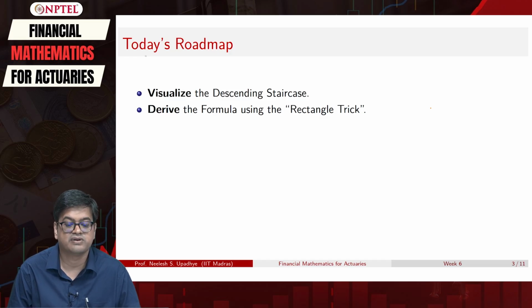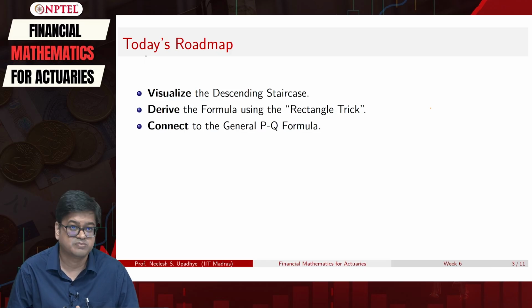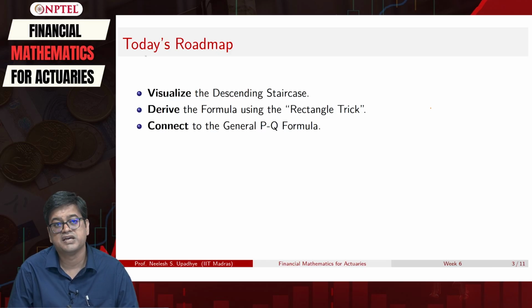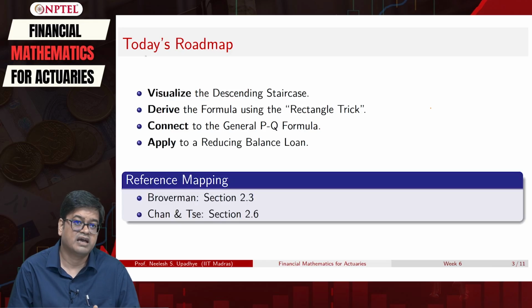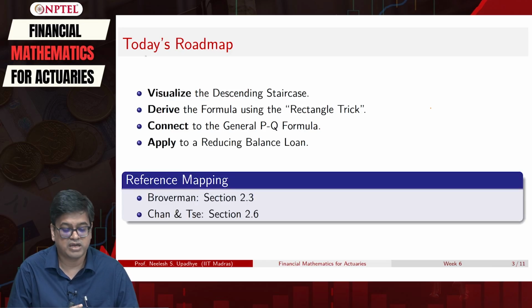Then we will connect this descending staircase with our general PQ formula. Once we have developed the framework, it is time to apply it, so we will apply it to the reducing balance loan. Reference mapping as usual are Broverman section 2.3 and Chan and Say section 2.6.